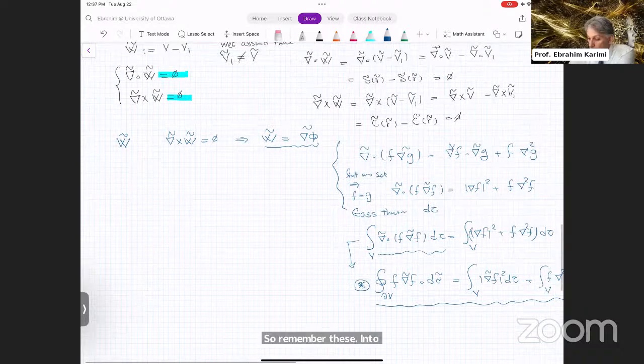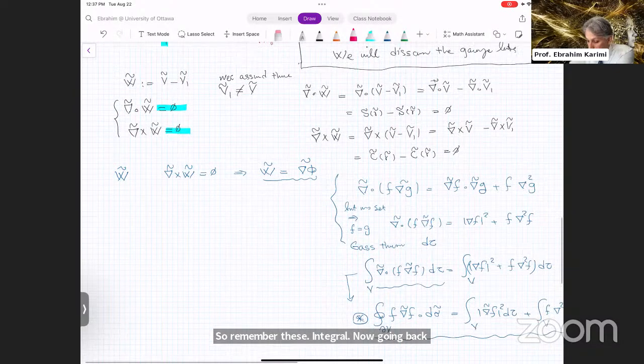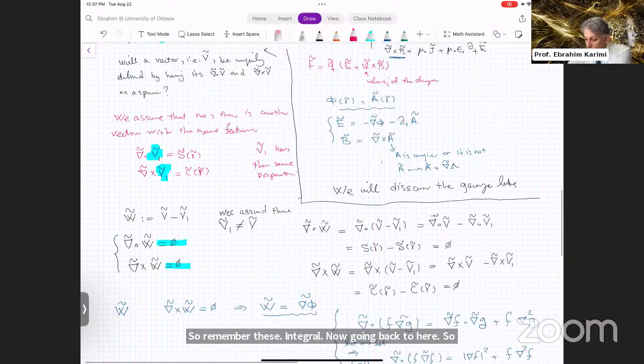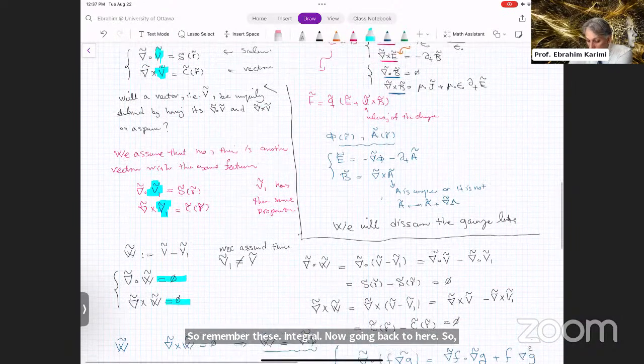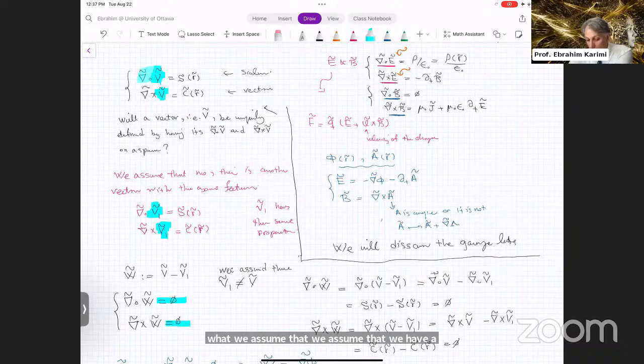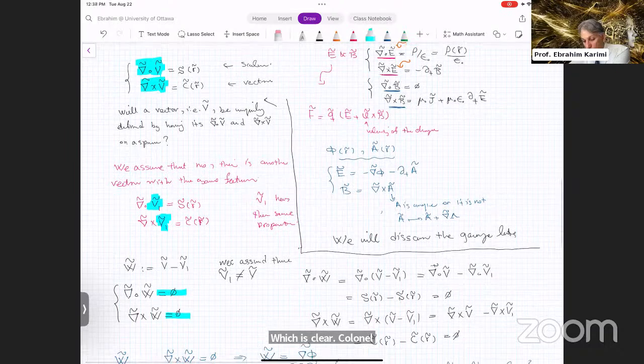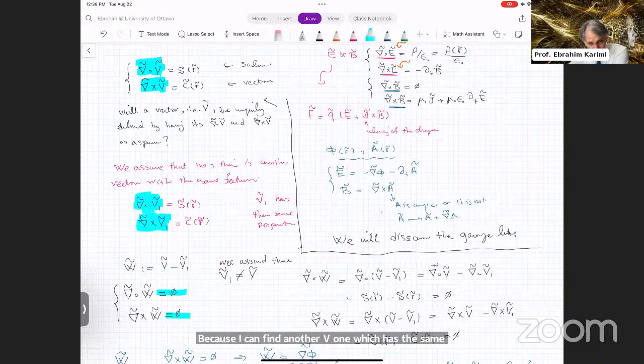So remember these integrals. Now going back to here. So far, we assume that we have a vector V, whose divergence is given and whose curl is also given, and we say that this V is not uniquely defined because I can find another V1 which has the same property. The divergence is given in a certain way.